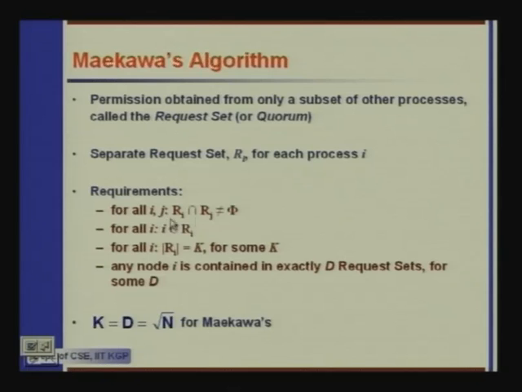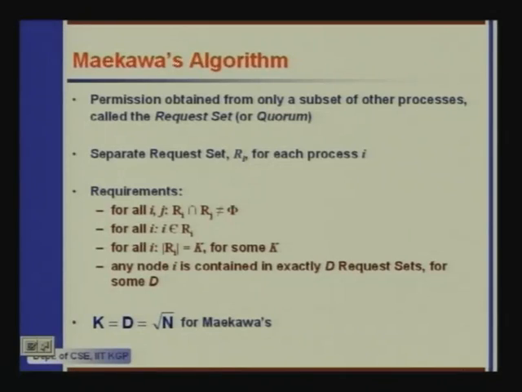So, there must be some common process from which they have to take permission, and that common process is in Ri intersection Rj. It makes sure that permission is not granted at the same time to both Pi and Pj, and that's how this algorithm guarantees mutual exclusion.